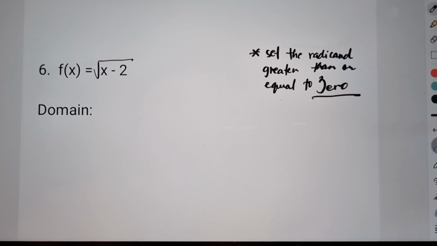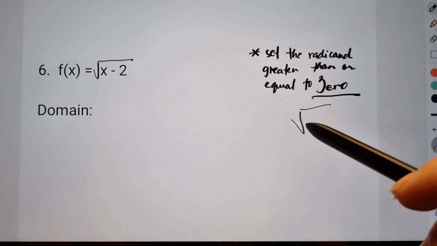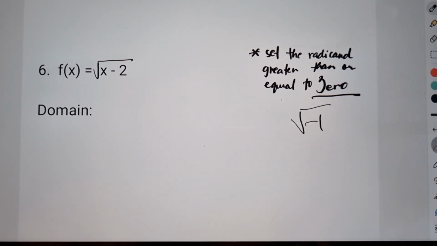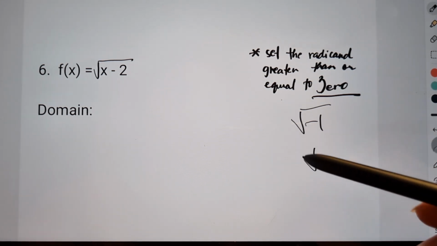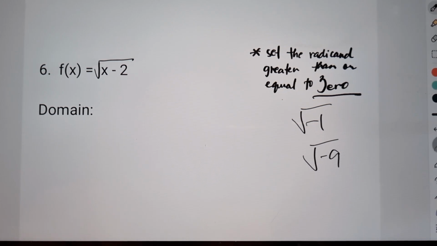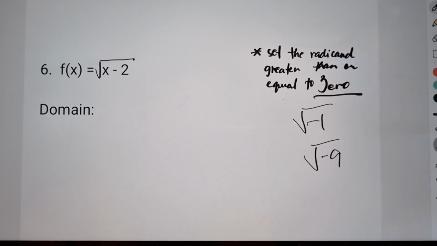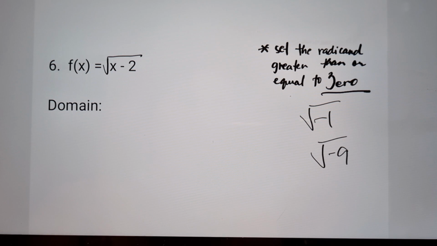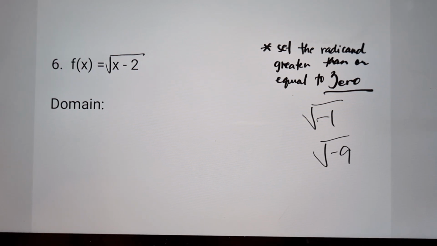Sa square root, hindi tayo pwede magkaroon ng negative inside. Negative 1, hindi natin pwede makuha yung square root ng negative 1 or negative 9. We are looking for real numbers only. Okay? Kasi ang negative 9, as we go on or for future lessons, ay pwede nating express yan as imaginary numbers, something like that. But dito, real numbers.